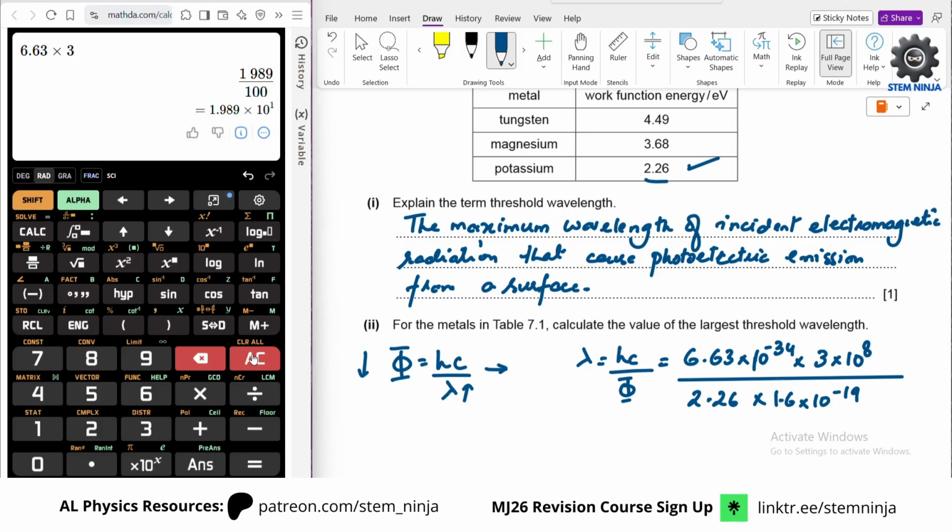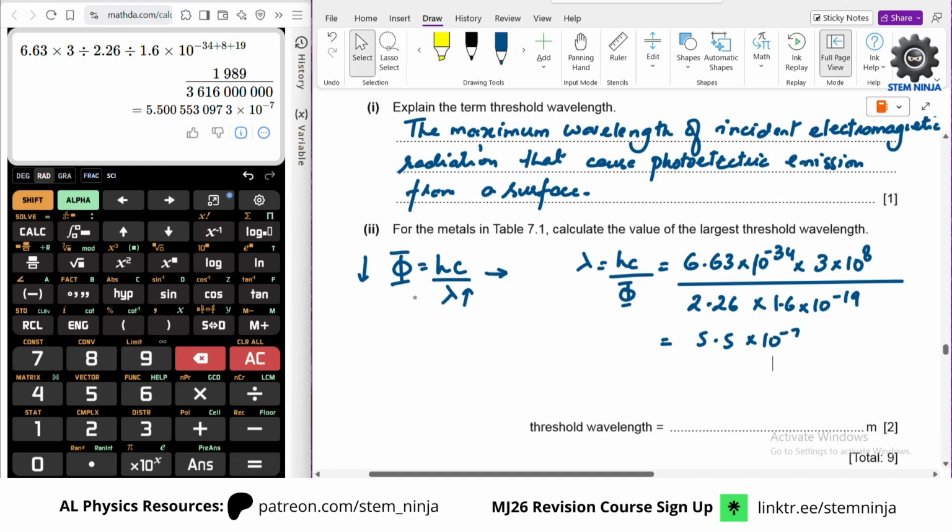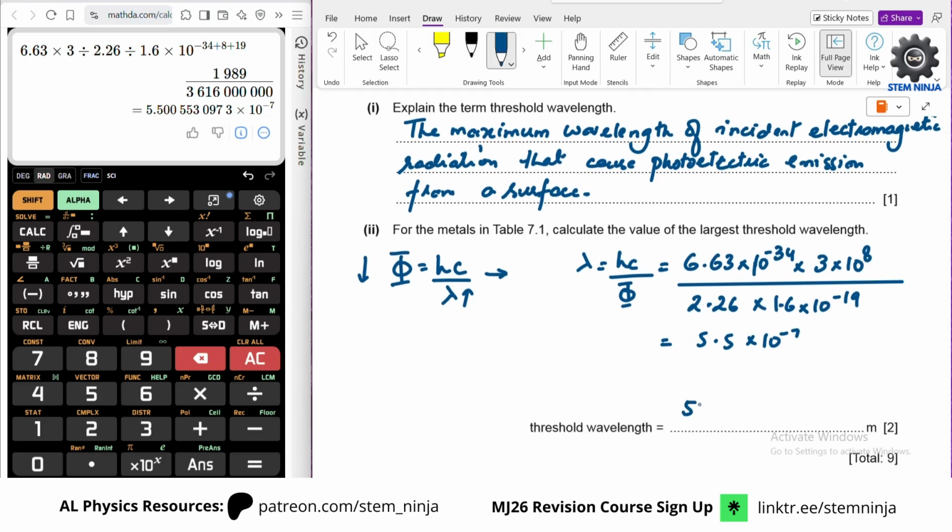So 6.63 times 3 divided by 2.26 divided by 1.6 times 10 raised to power minus 34 plus 8 plus 19. We get 5.50 times 10 raised to power minus 7. And that's it for this question. Let's move on to the next one.